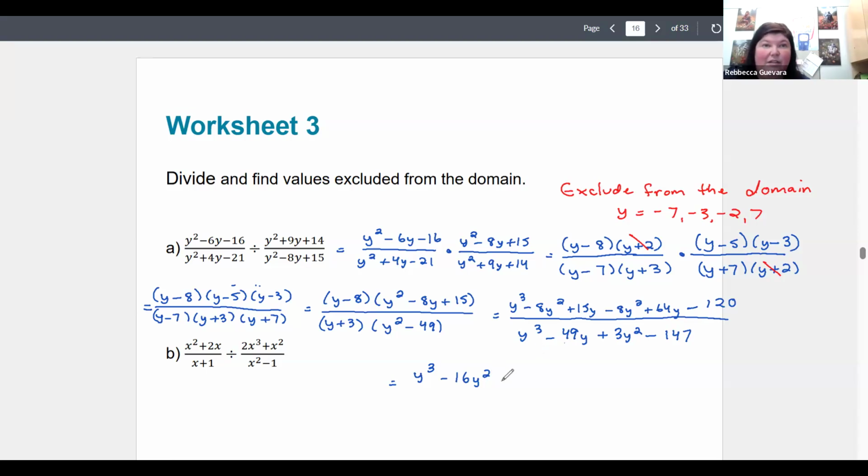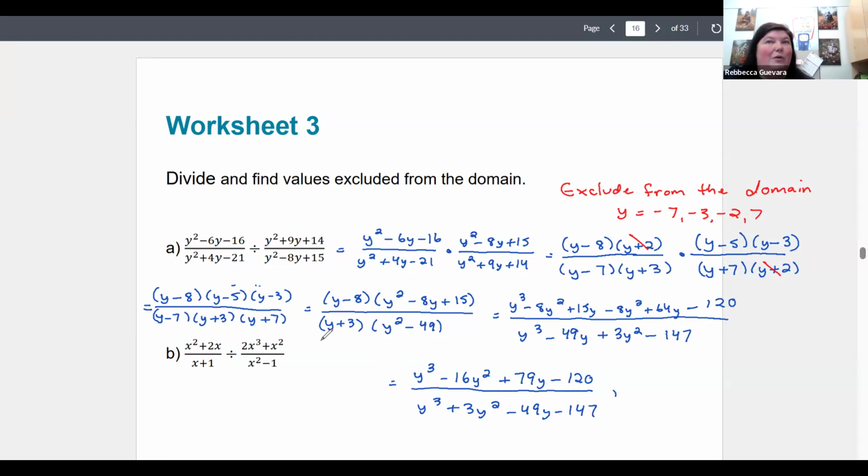So we'll have 79y minus 120. Believe it or not, this is simplified because we don't like to keep everything as factors like this because we don't like having extra parentheses. And then the bottom, that's just going to be y cubed plus 3y squared minus 49y minus 147.